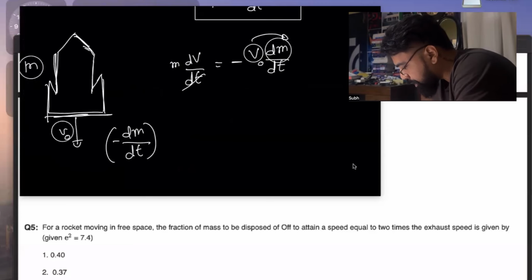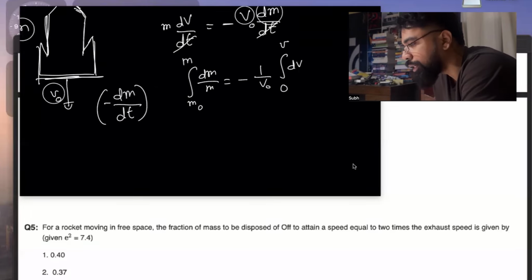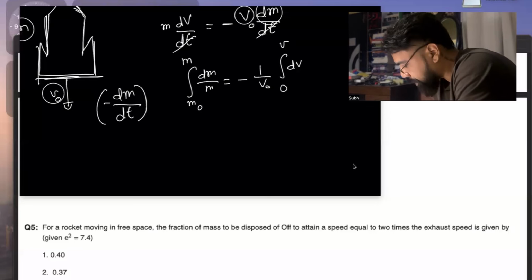So if you cancel this dt, what we get is dm/m is equal to minus 1/v naught into dv. So if you integrate this, m naught is the initial mass. Initially, the rocket was at rest, and finally the rocket has speed v. At that time, the remaining mass of the rocket is m.